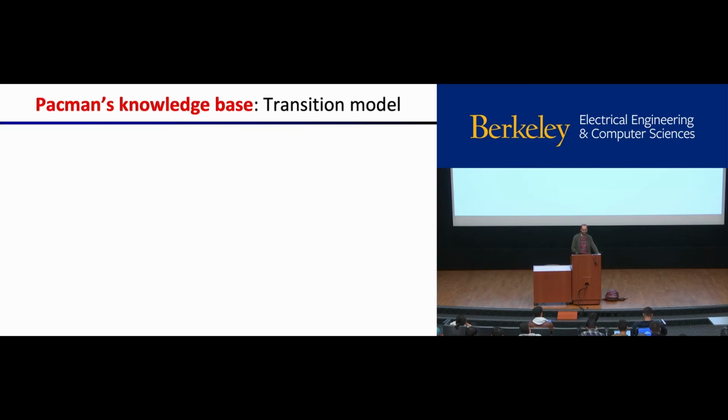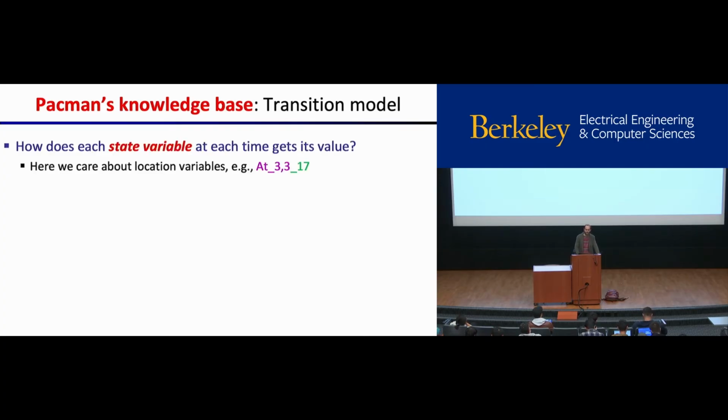Okay, there's more to add to Pacman's knowledge base. The transition model. How does each state variable get its value at each point in time? So there were a few variables that were subscripted by the time step. And we need to say something about how they relate to each other. So for example, there's the location variables.